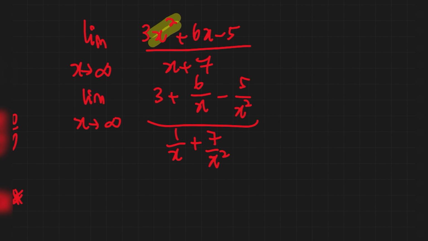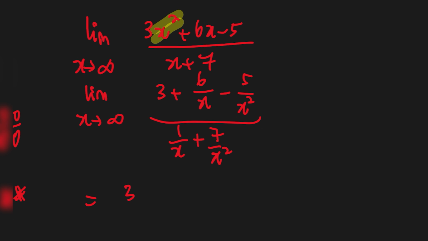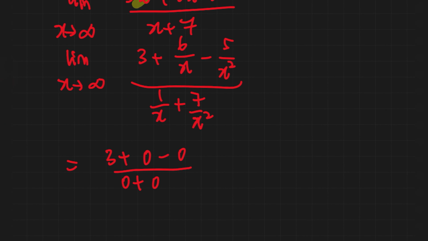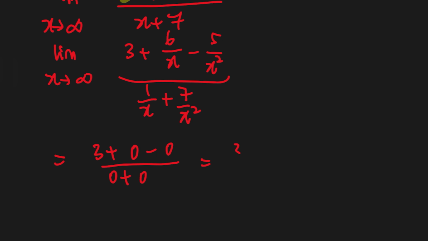And now we will substitute the infinity into what we have here. So then we're going to have this. We're going to end up having 3 over 0. What is 3 over 0? 3 over 0 is infinity, right?